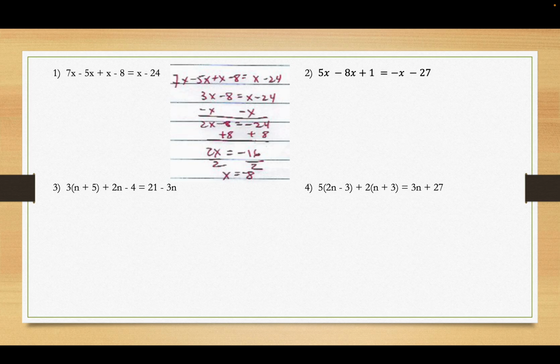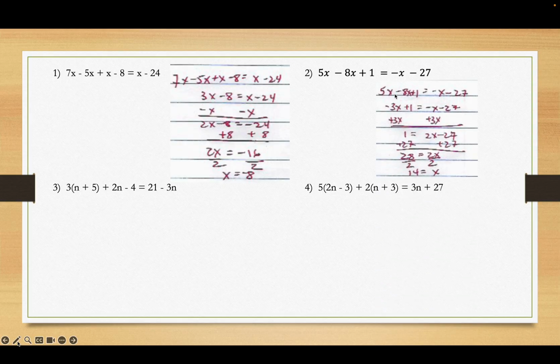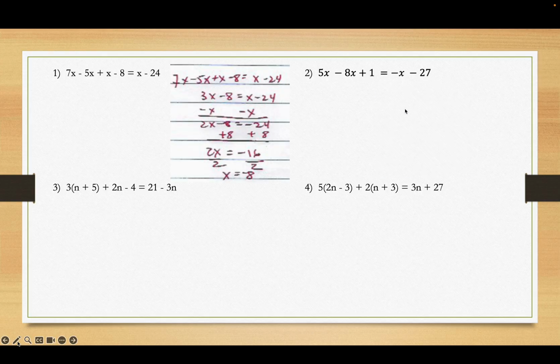Number 2 is like unto it. What you will notice is that the 5x and the negative 8x are on the same side, same operation. And what we want to make sure of is that we do that before we do opposite sides. So 5x minus 8x is negative 3x, plus 1 is negative x minus 27.